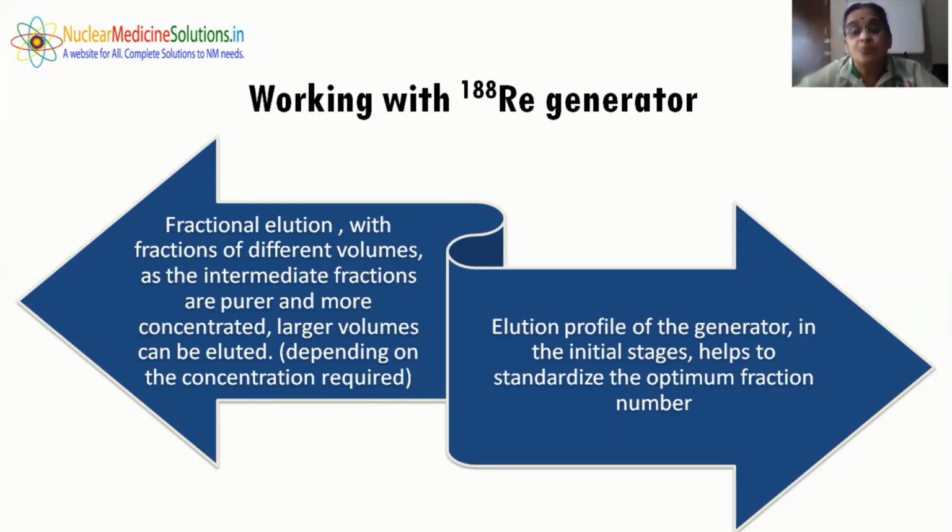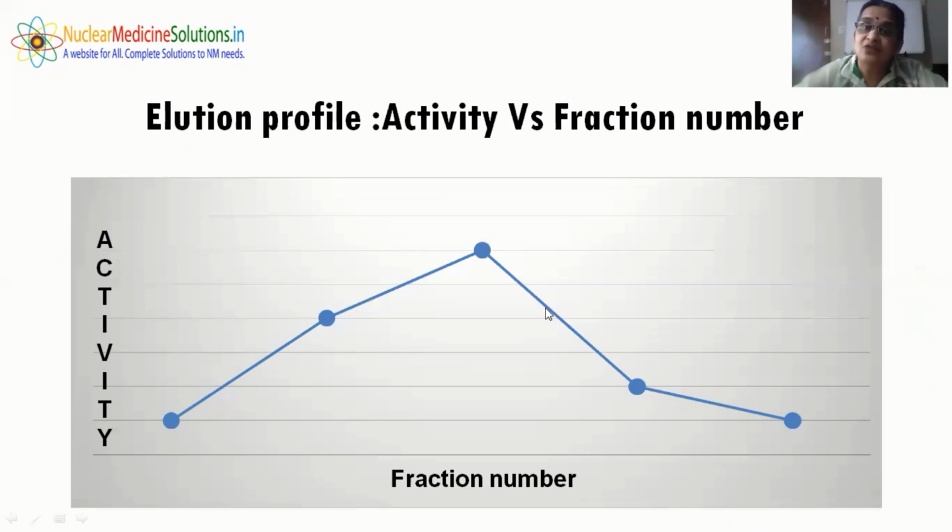And the elution profile of the generator in the initial stages will always help the standardization of this optimum fraction number. This elution profile is not only for the rhenium generator, but for any new generator that comes up, the gallium-68 generator also, which we have talked about. The elution profile has to be done first when you start working with a new generator.